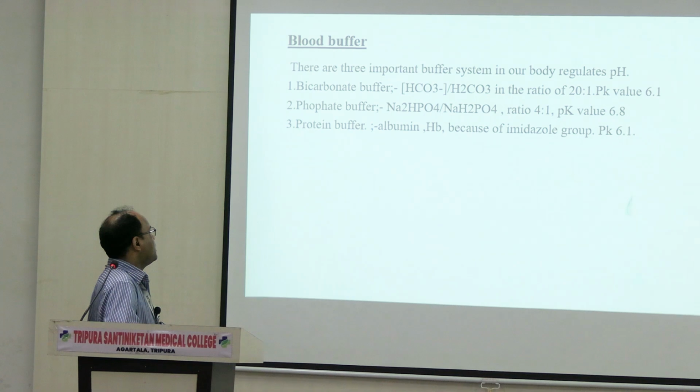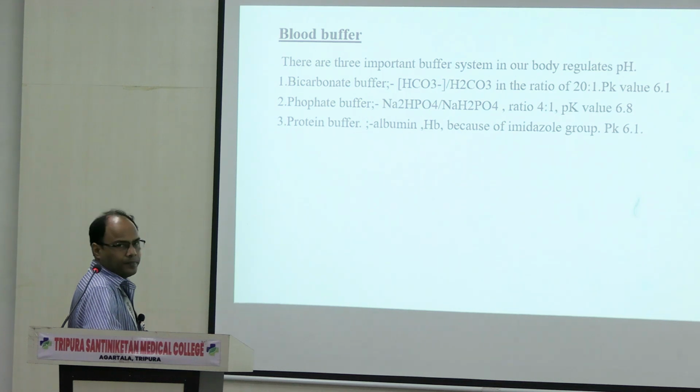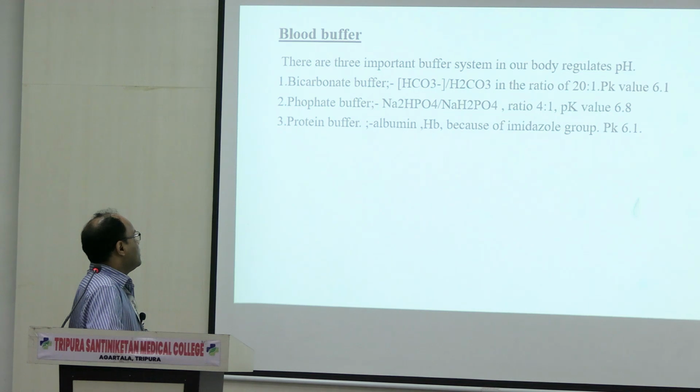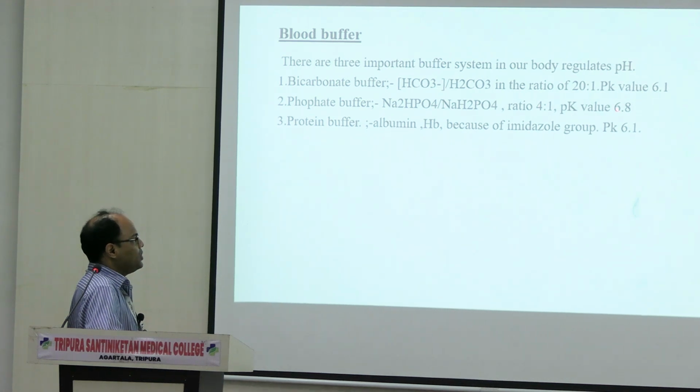The bicarbonate buffer system, that is bicarbonate by carbonic acid, in the ratio of 20:1, and the pK of carbonic acid is 6.1. Understand? Phosphate buffer: here disodium hydrogen phosphate by sodium dihydrogen phosphate, the ratio is 4:1, pK value 6.8.